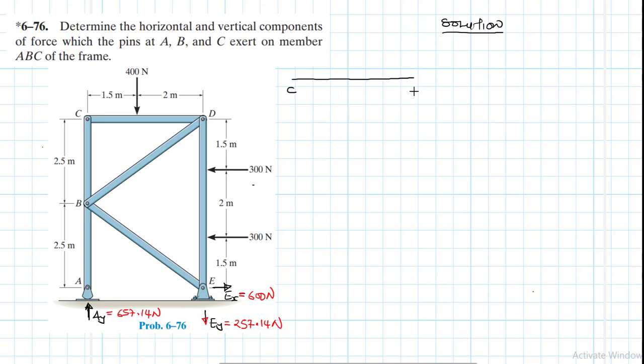So this is CD. I have a force here which is 400 newtons. And then here I have reactions, CY and another one, CX. And then at D, let me also assume I have a reaction like this, DY, and then a reaction like this, DX.